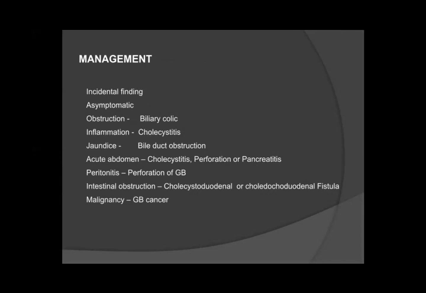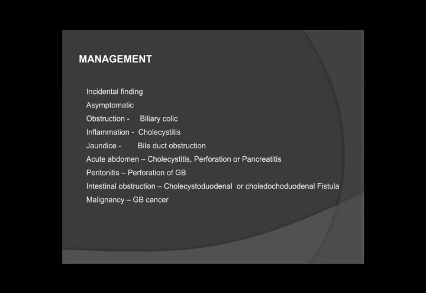Now, management. These are the findings of gallstones that we can encounter. The list stated basically the incidental finding patients, the completely asymptomatic ones, the obstructed ones, which can present with the biliary colic nature of pain.